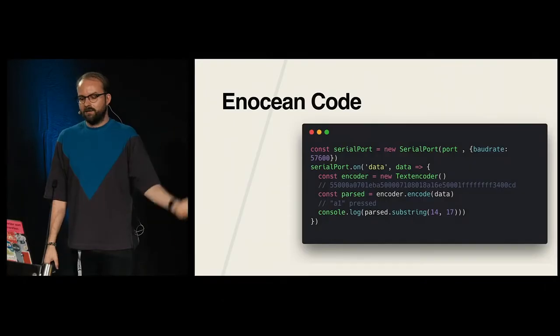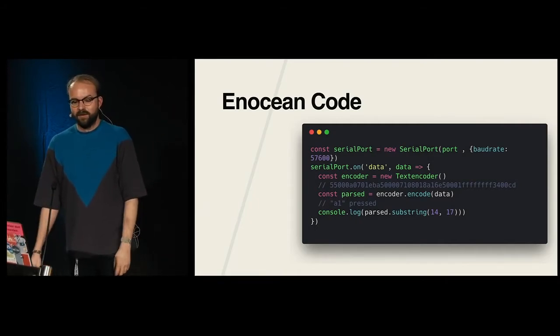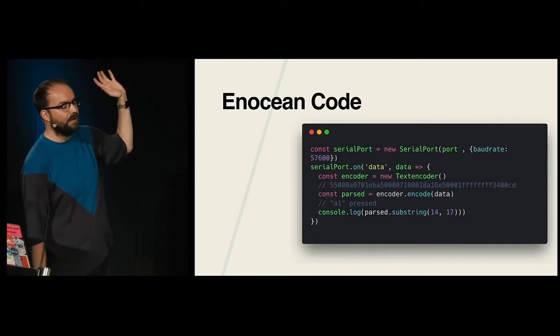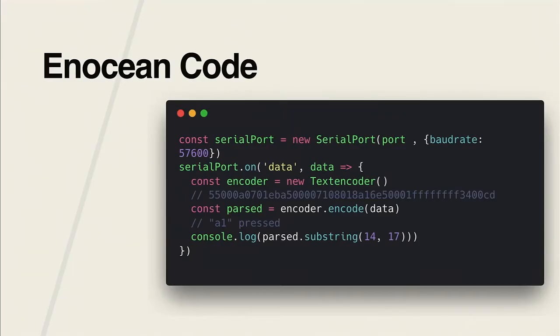So all this that goes over the air is just plain text or plain binary, and in the end, all I need to figure out which button of that switch has been pressed was to parse out a specific part of that substring that I encoded. So that was fairly easy.